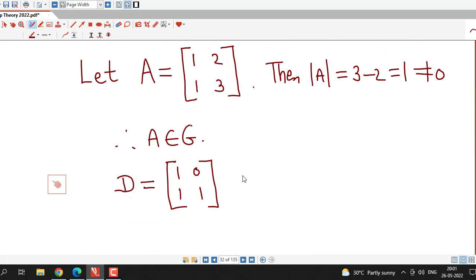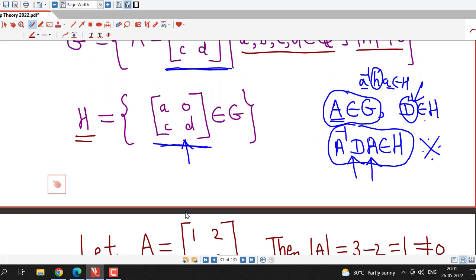Here also we can see the upper right entry is 0 and determinant of D is 1 minus 0, that is 1, which is non-zero. So D is in subgroup H because the upper right entry is 0 and determinant is non-zero, so it is an element from G with this entry as 0.